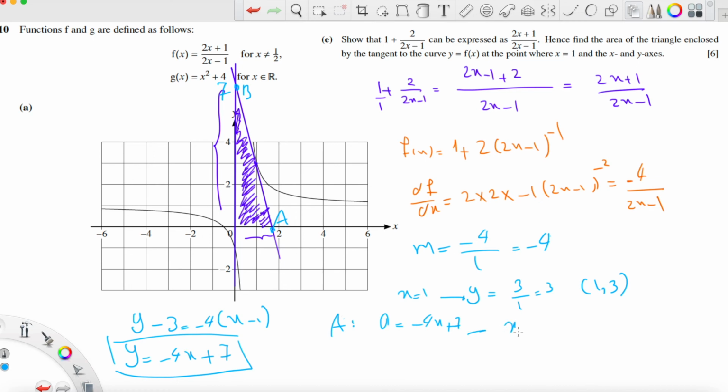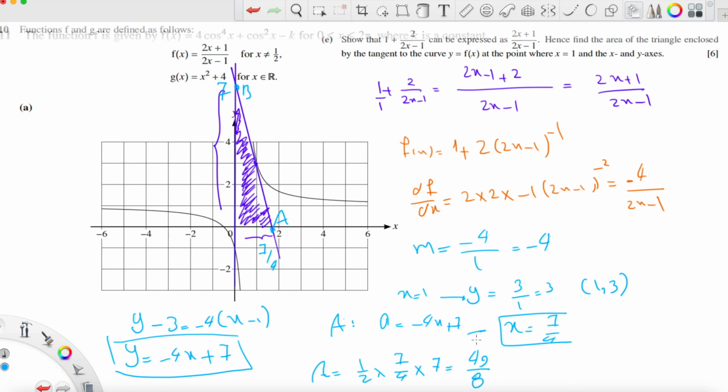So x will be 7 over 4. Now, to find the area, half of the base, which is 7 over 4, times the height, which is 7. So it will be 49 over 8 as the area of this triangle.